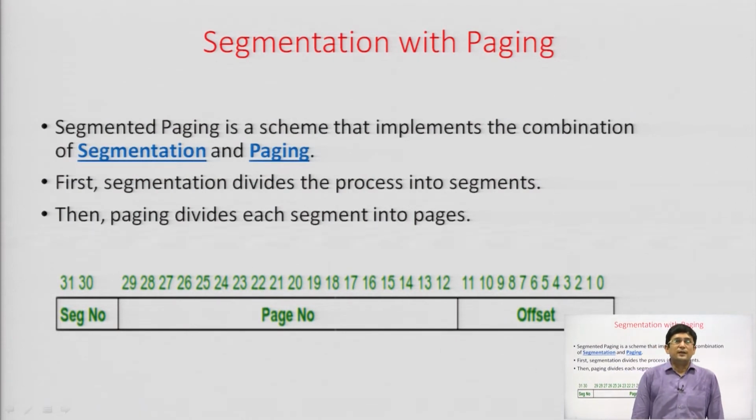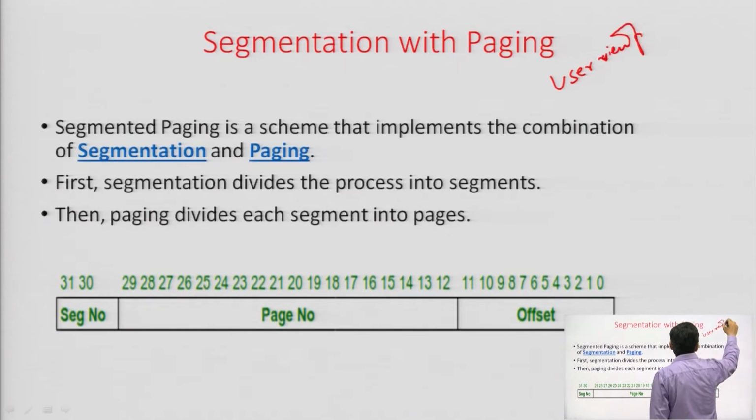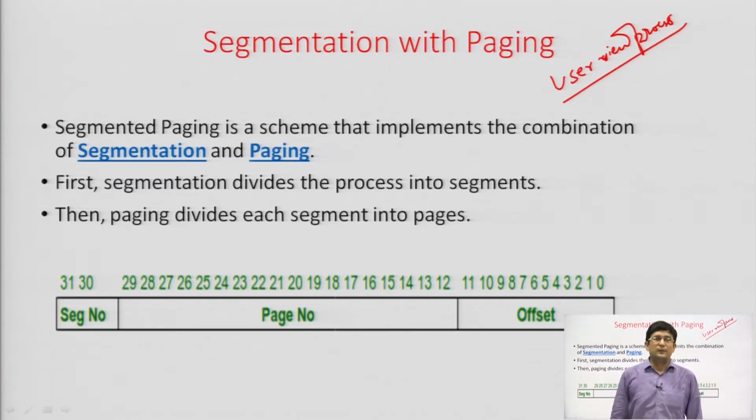Now, we will see today how the paging advantage can be taken in segmentation. Just recall what segmentation was. It was a user view of memory, or user view of a process. In the user view of a process, there is a stack, array, and several other segments in our process. Those segments were given different slots in the main memory.